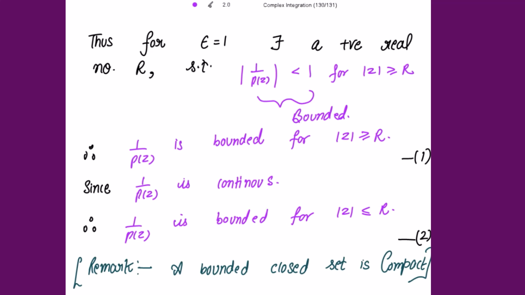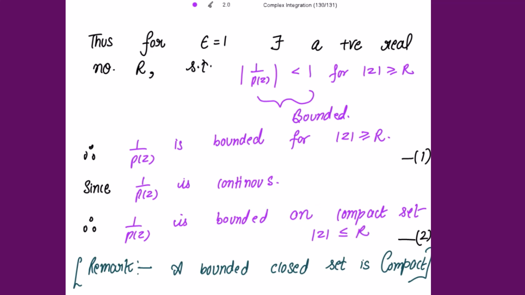There is a remark written over here: a bounded closed set is compact. Mod z less than or equal to r means z lies between minus r and plus r, so this is bounded, and also it is closed because of the less than or equal to sign. So 1 over P(z) is bounded on the compact set mod z less than or equal to r. Please mark this as 2 now.